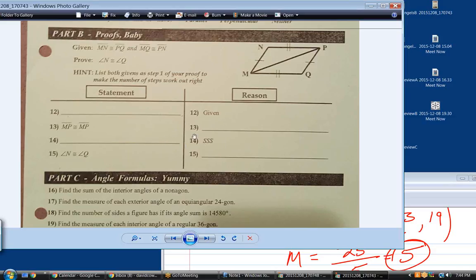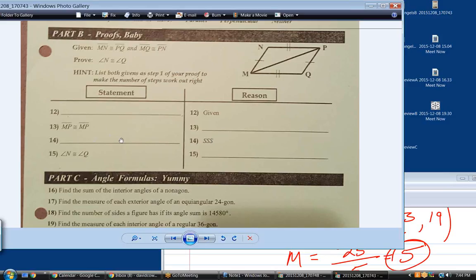These are the kind of proofs I love. In other words, where they give you one of the columns. They don't make you figure out both columns. These aren't that tough. Okay? In other words, I can kind of figure out what the next statement has to be because they give me the reason, SSS.